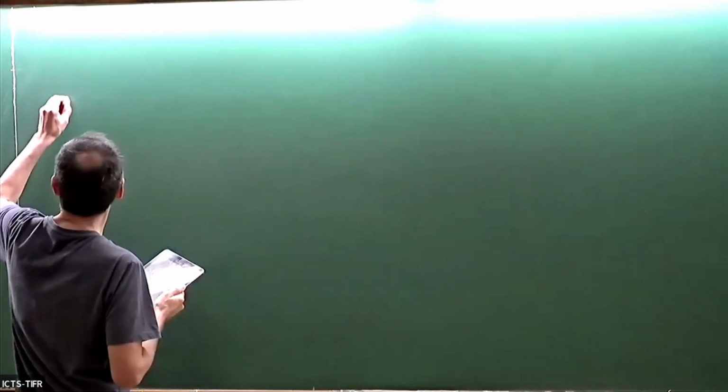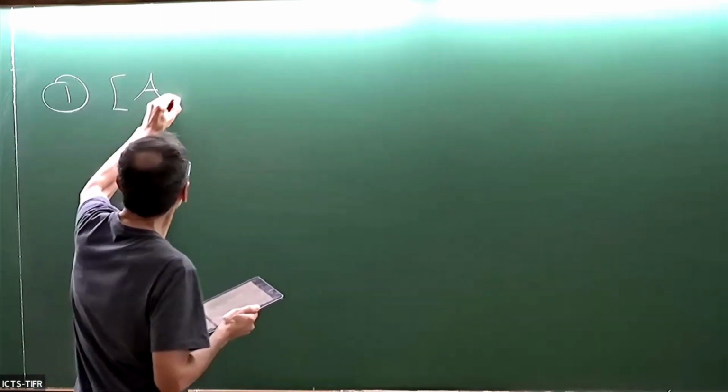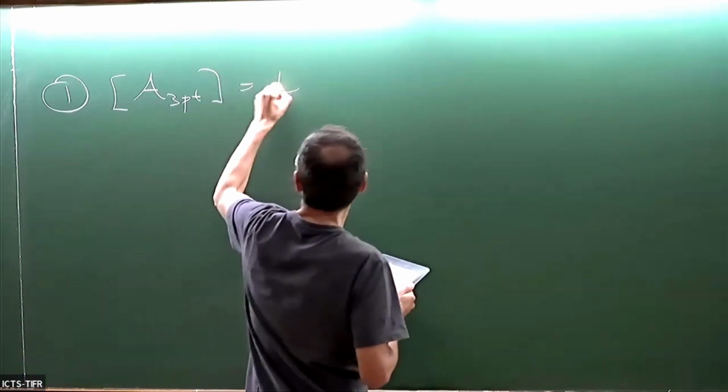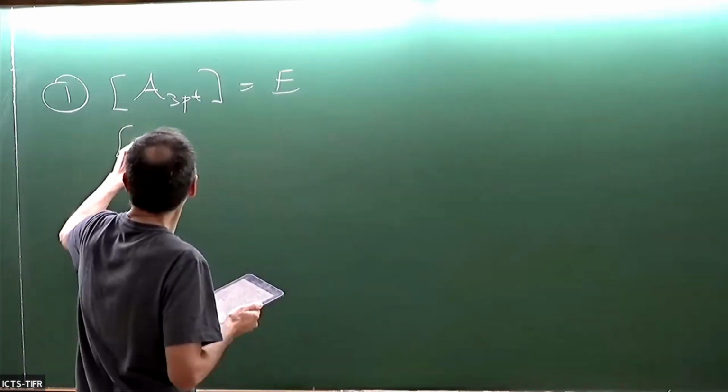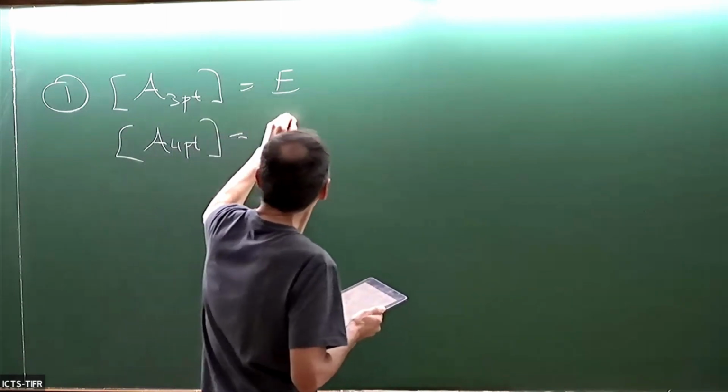Okay, so there were two main conditions to write the amplitudes. Let me recall. One is very simple: the dimension of the three-point amplitude is energy, and for PT it is dimensionless.